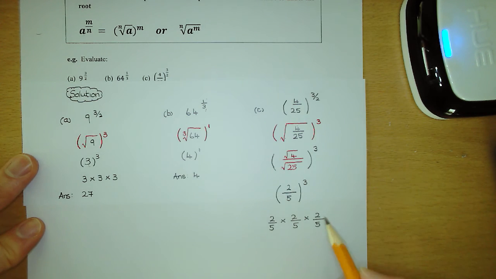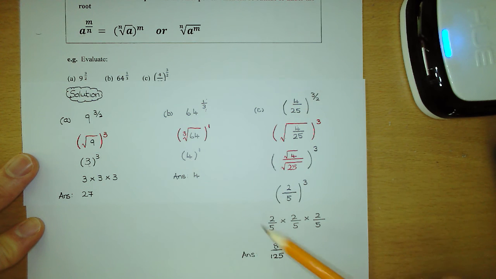To multiply the top numbers, that's going to give us 8. And then multiply the bottom numbers, that's going to give us 125. And again, that's our final answer, because we're evaluating. Evaluating means your final answer has to be a numerical value with no visible power.